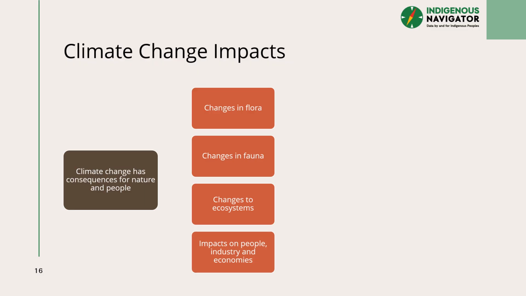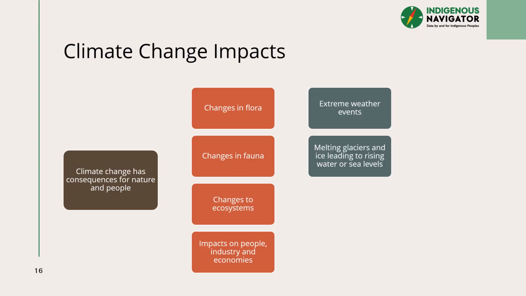Other impacts include extreme weather, including heavy rains or floods, droughts or water scarcity, heat waves, stronger storms, and increased wildfire conditions. Melting glaciers and ice leading to rising water or sea levels, causing floods in coastal and other low-lying areas.